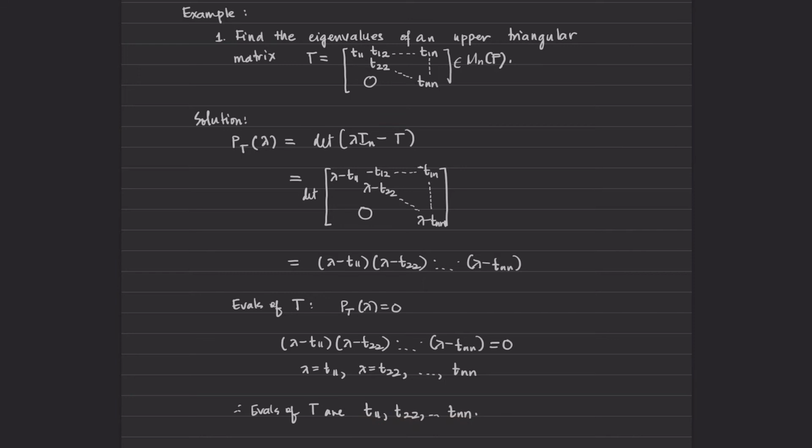So, ibig sabihin, ang eigenvalues ng upper triangular matrix are precisely the diagonal entries. Yun lang yung sinasabi ng example na to. Okay? So, important property yan. Pag may upper triangular matrix ka, ang eigenvalues niya yung mga nasa diagonal entries. Ganon din pag lower triangular, yung diagonal entries mo are the eigenvalues.